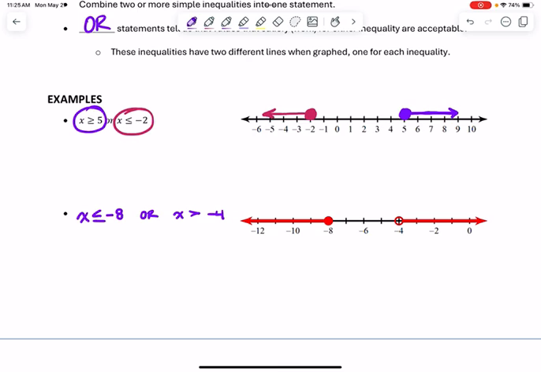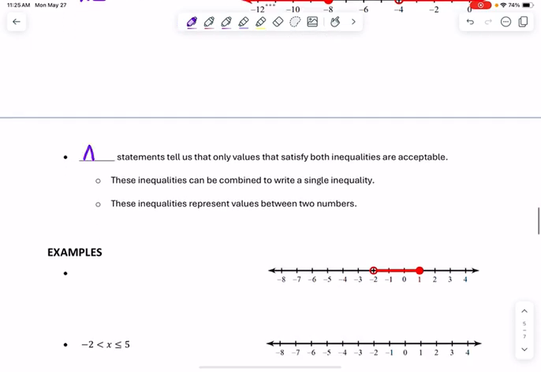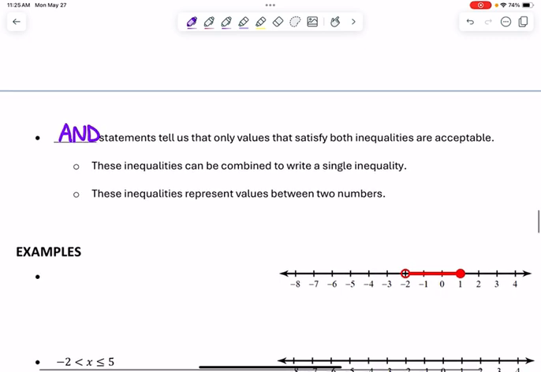We have one more set of compound inequality statements, and those are and statements, which means I have two inequalities and both inequalities have to be met. So if I have, again, let's say I have between $5 and $10 inclusive in my pocket, I can't have $28 in my pocket because 28, even though it's greater than 5, satisfies that part of my inequality.